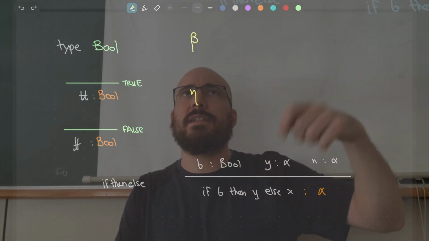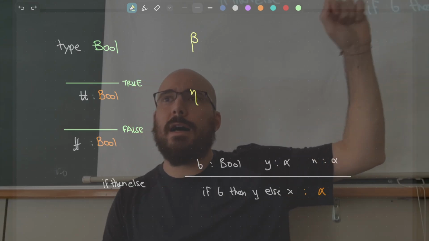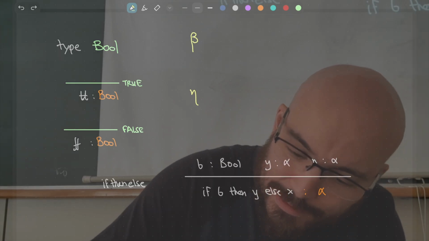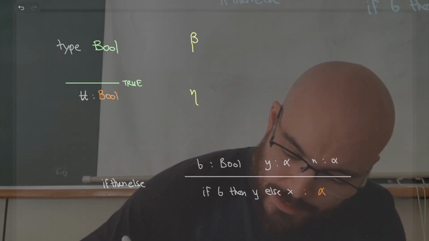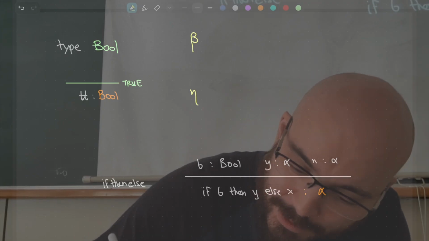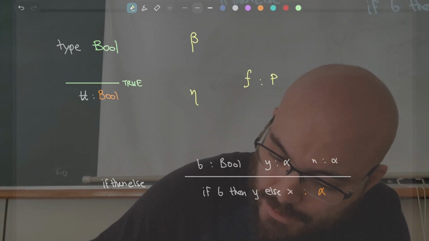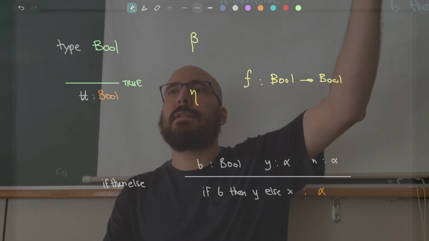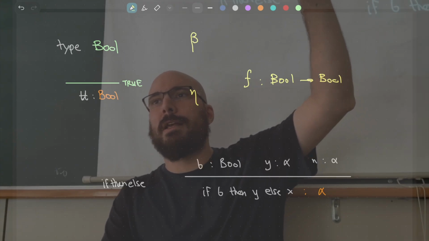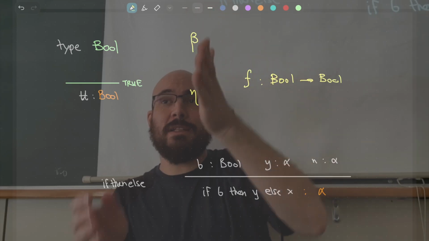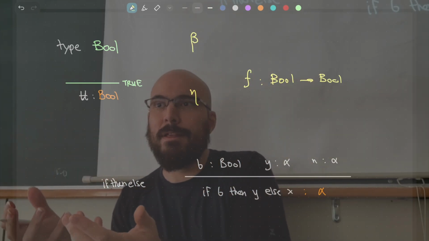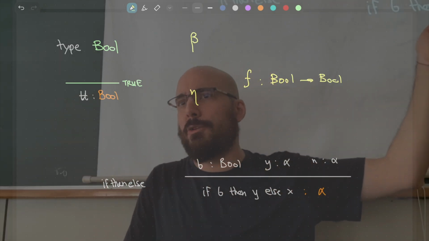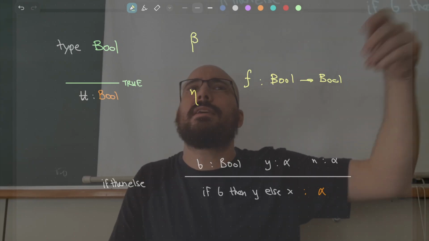If I only had one and I say I'm defining a function on this, you have to tell me from where to where it is. And if you say from bool to bool, and you only have this constructor, your not will end up being the identity function. Somehow you want to say, wait a minute, not is not a function, it's a constructor. So you need to put it in the constructors, and then you realize that it doesn't really have an argument. It just is something.